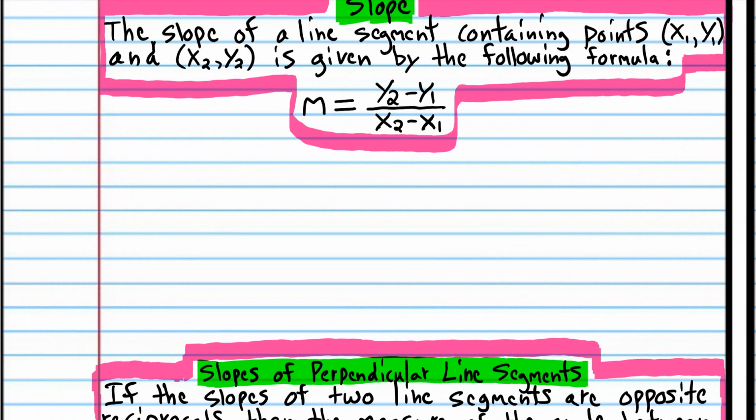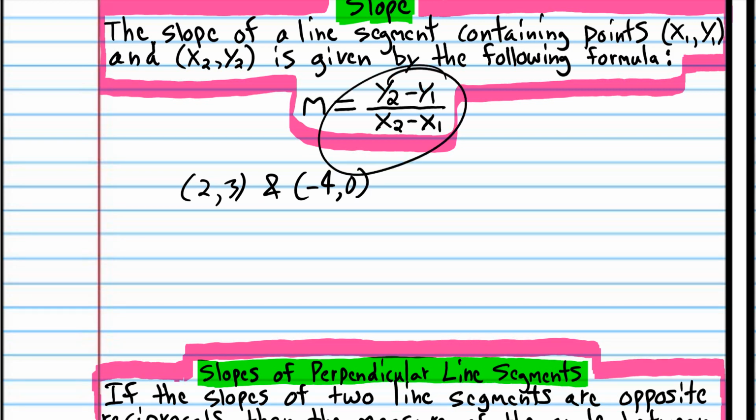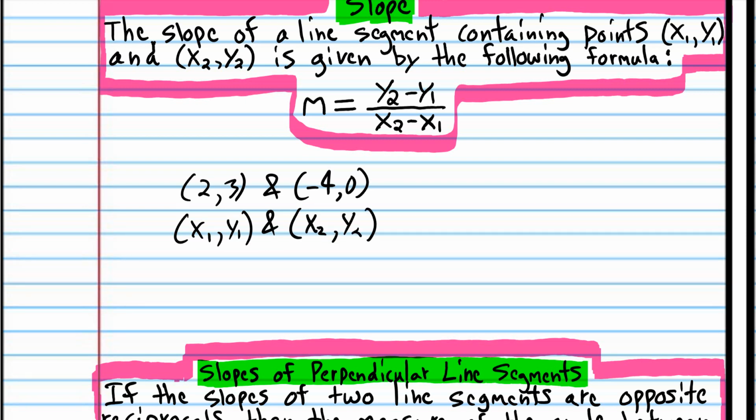So if I want to find the slope between, say, (2, 3) and (-4, 0), then I just plug it into this slope formula. Now I have to assign letters. So I'm making this point 1 and this point 2, and then you just plug in.